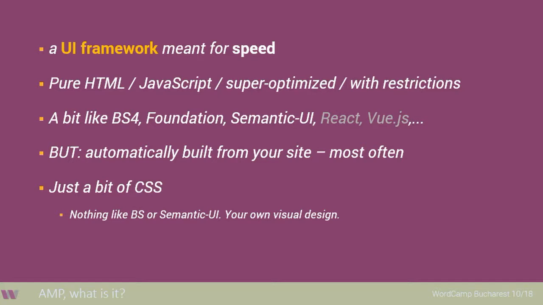It goes from something very basic, like layout containers, to select drop-down lists to full carousels of images and things like that. So it's a bit like Bootstrap for some of you who are in the front-end business. Foundation, Semantic UI, it provides a set of components, but all of these components are meant to work together and are incredibly optimized for speed.